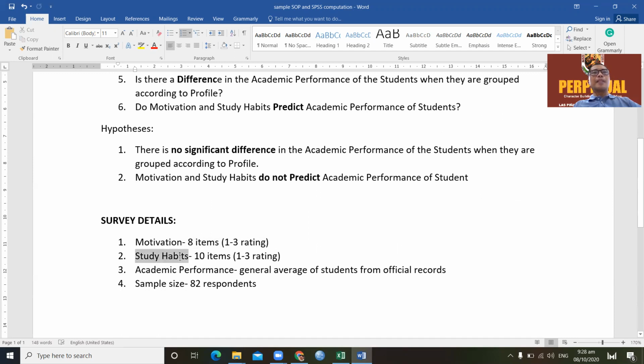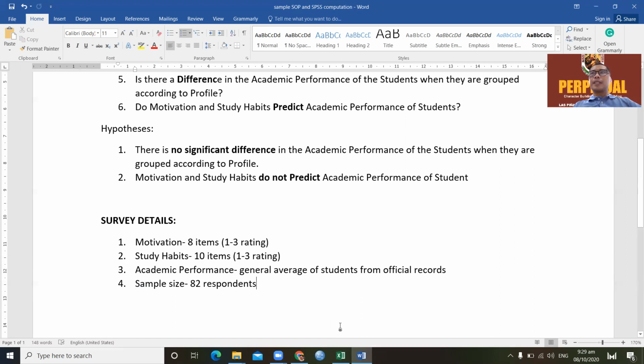For study habits, there would be 10 items, also rated 1 to 3. For academic performance, there's no questionnaire, but you would be getting data from the general average of the students based on official school records. The sample size for this study is 82 respondents.